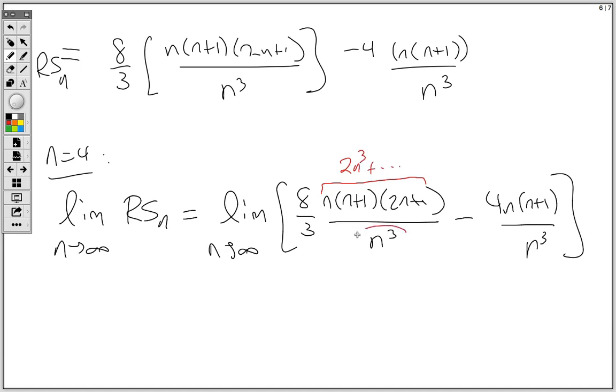As n goes to infinity, you're basically going to have that ratio of 2 times 8 thirds, which is 16 thirds. Over here, you're just going to get an n squared, and an n squared over an n is going to leave you with an n in the denominator, which means that's just going to go to 0. And so our final answer here is 16 thirds.